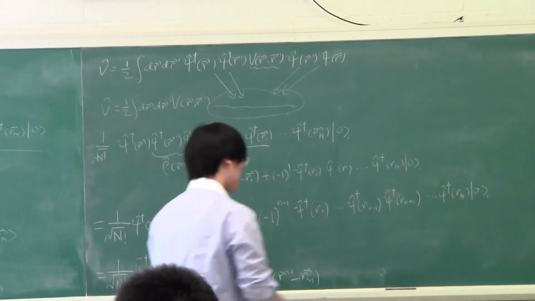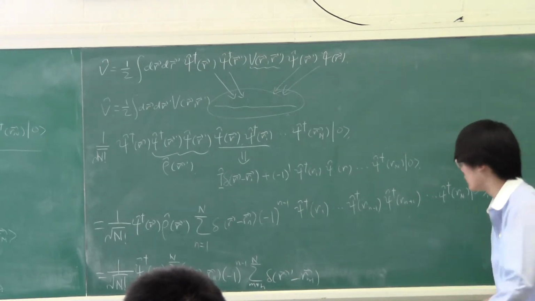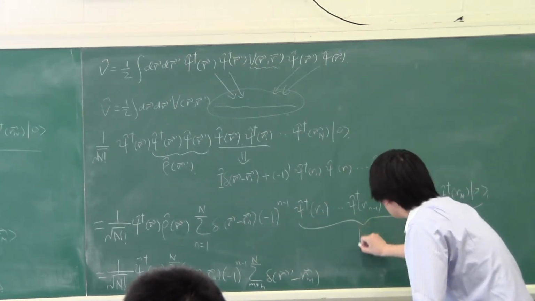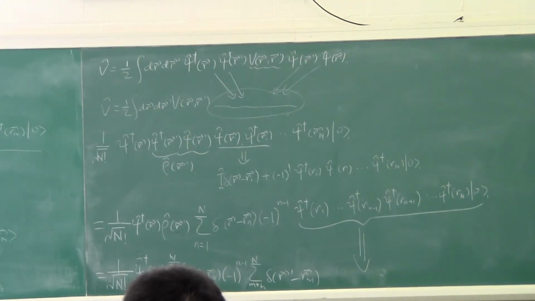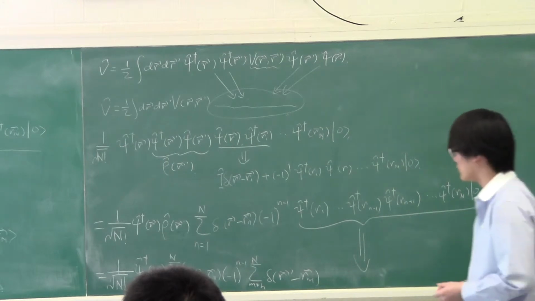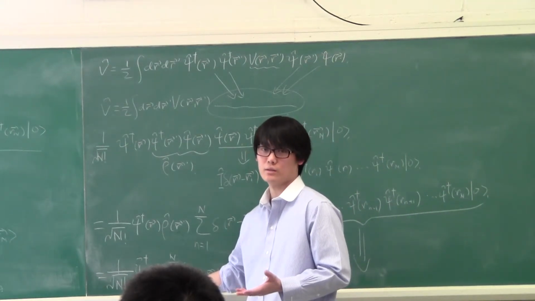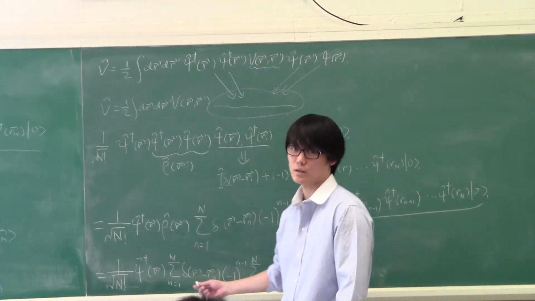All right. And then again we have this. Nothing changed here, right? So copy this thing down to here in your notes. Okay. So now all we need to do is move this across. And that's really simple because now they are all daggers. They're all creation operators.